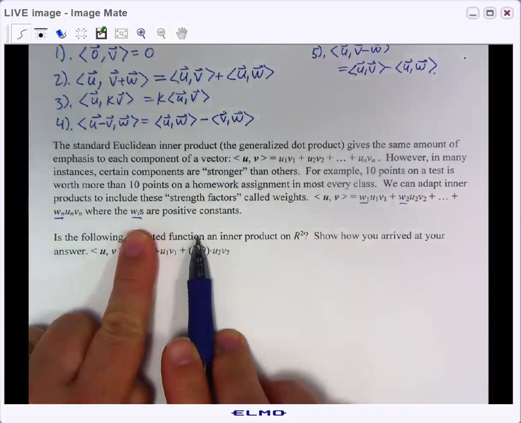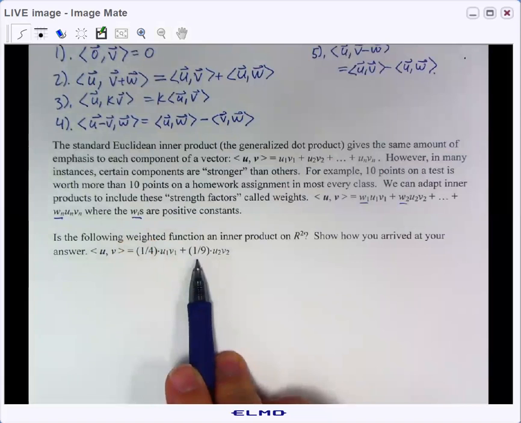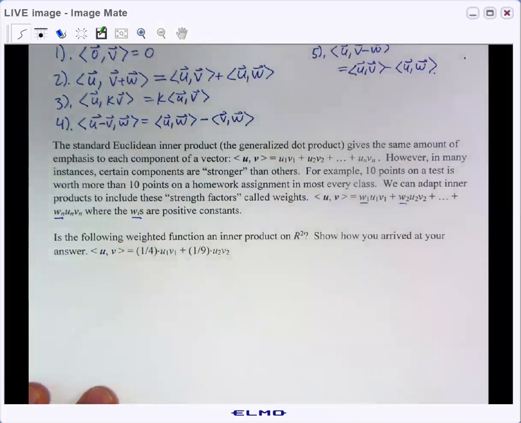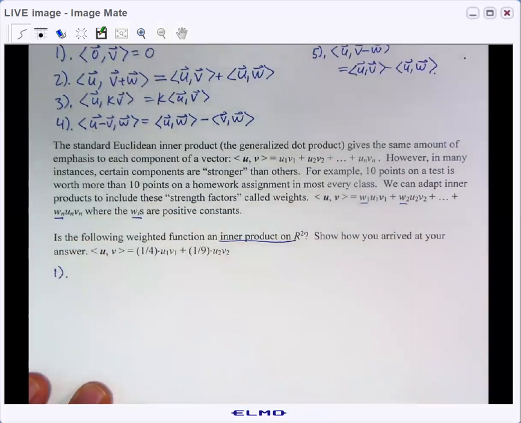We proved that on page 1 for R3, and it definitely works for R2 as well. If we throw on some weights, so this one is 1/4 and this one's 1/9, let's show that this one is in fact still an inner product by doing our 4 axioms.